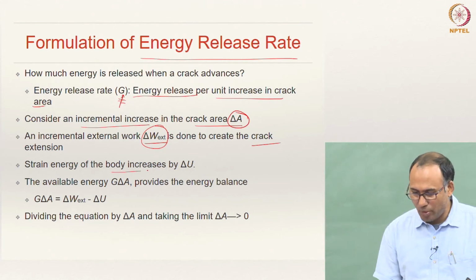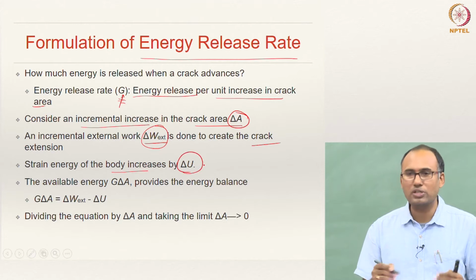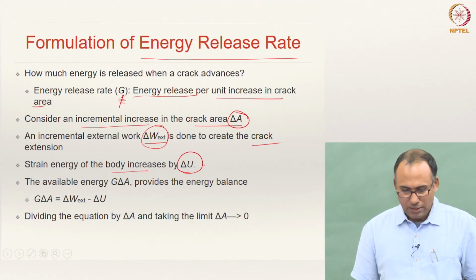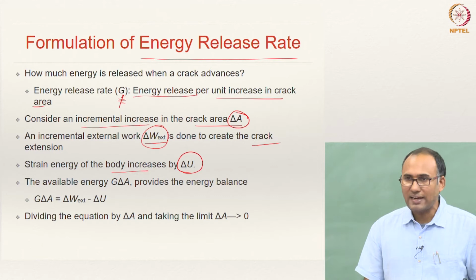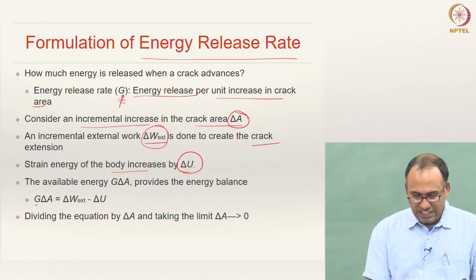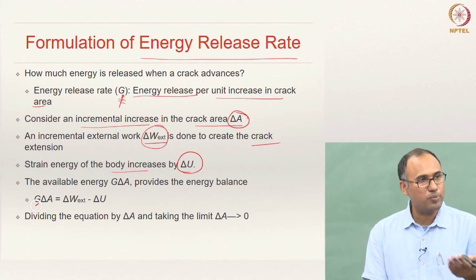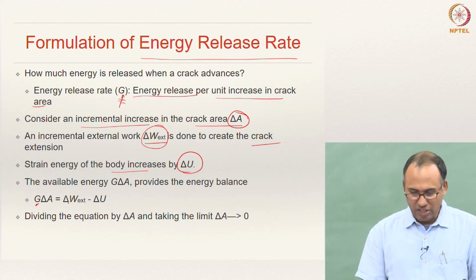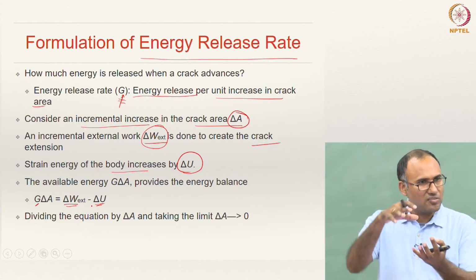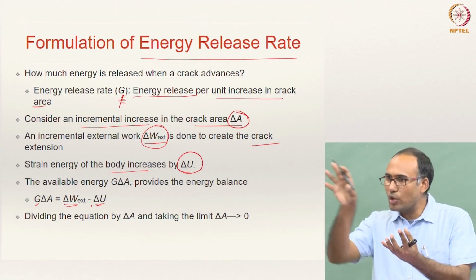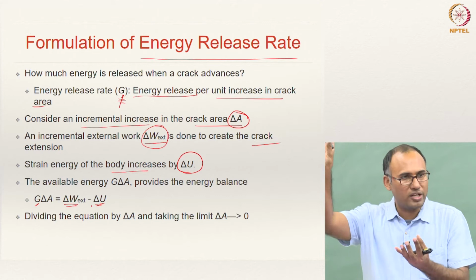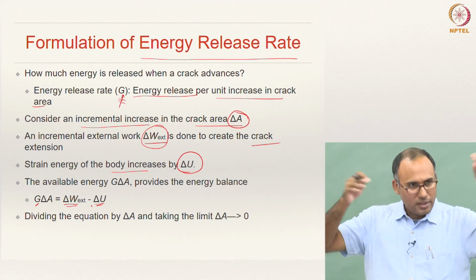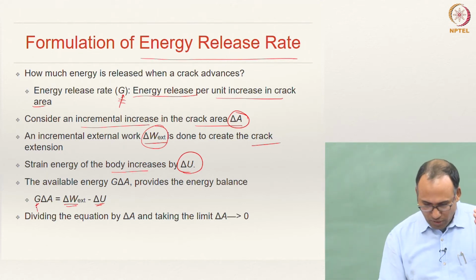So the strain energy of the body during this process increases by an amount delta U. Then you can write the balance: G, the energy release per unit area, times delta A gives the energy release, which is equal to external work minus the strain energy. Whatever external work you are putting in, a part of it goes into increasing the strain energy of the body, and a part of it goes to crack propagation, and that is what is responsible for this energy release.